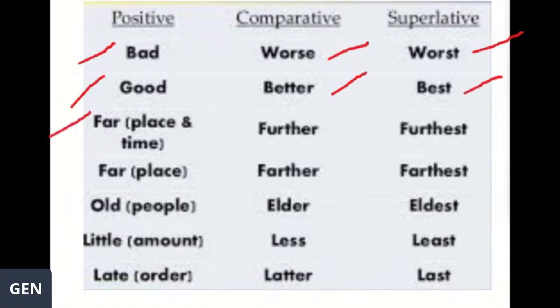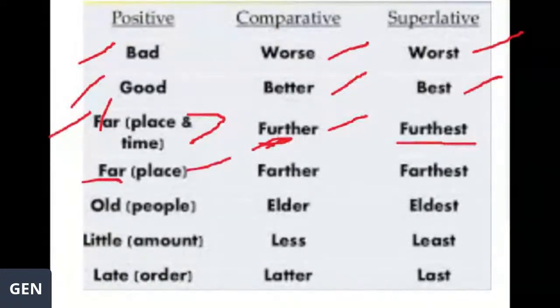Next, far. When it pertains to time, you have to change the spelling. So it becomes further, with a u, not an a. Further, and next is furthest. Okay, that's furthest. All right, let's move on to the next one.